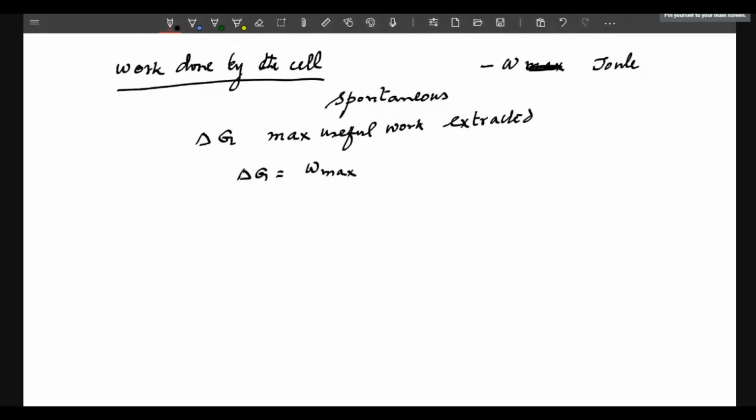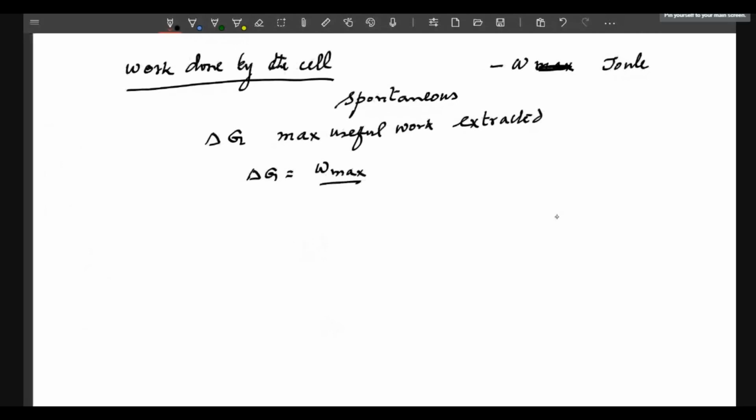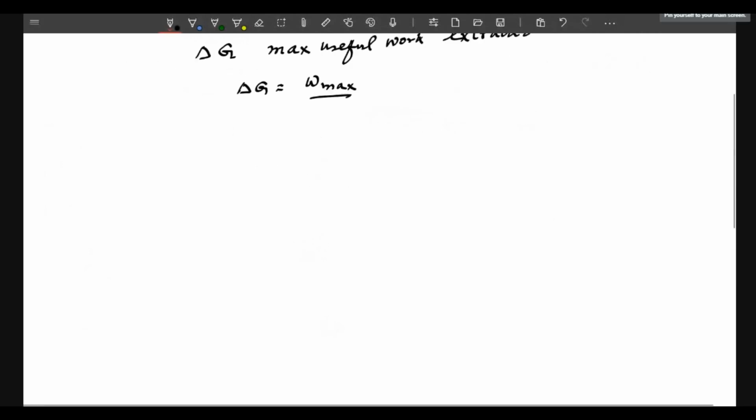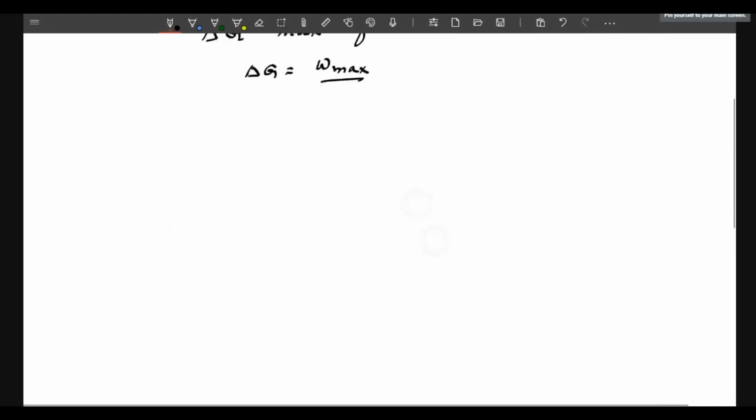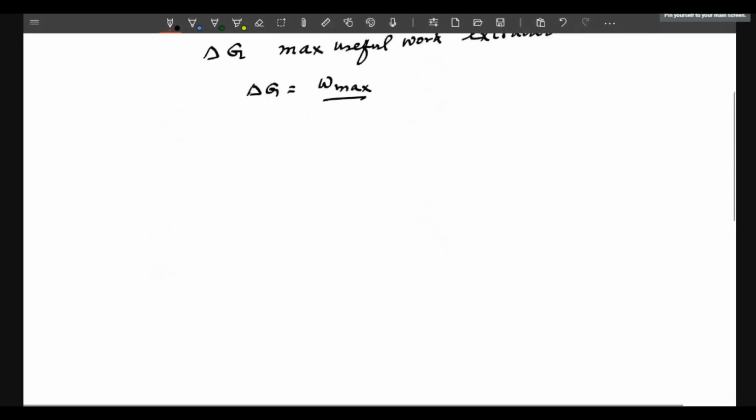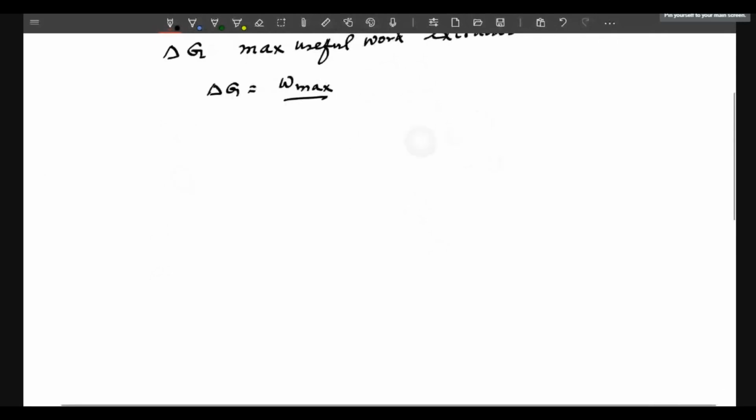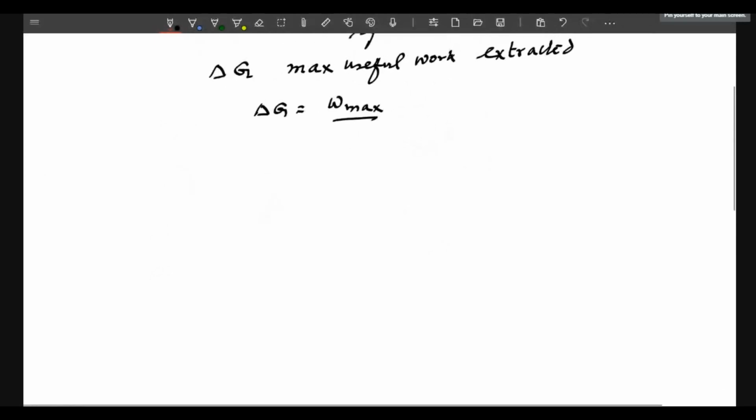Therefore, what is the work done by the system? The work is done by the system. Therefore, we will put minus delta G as the work done, or minus W max in total.